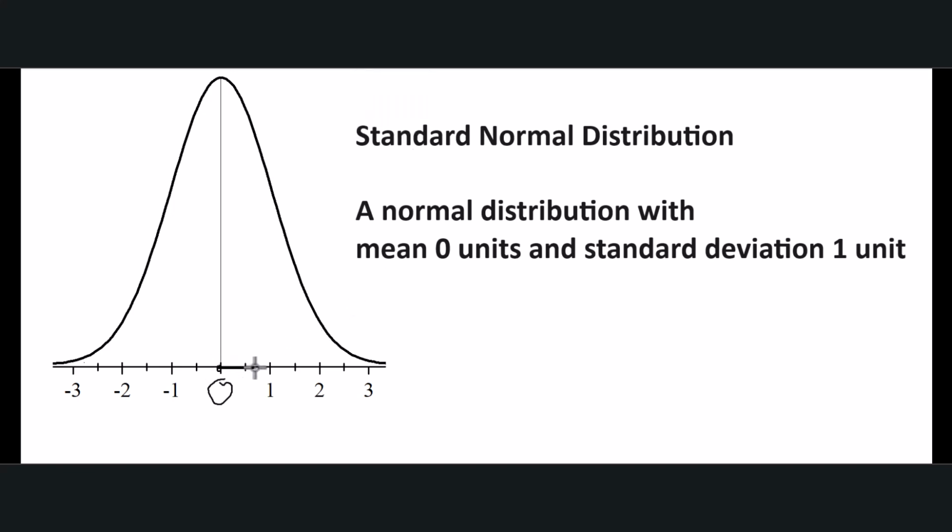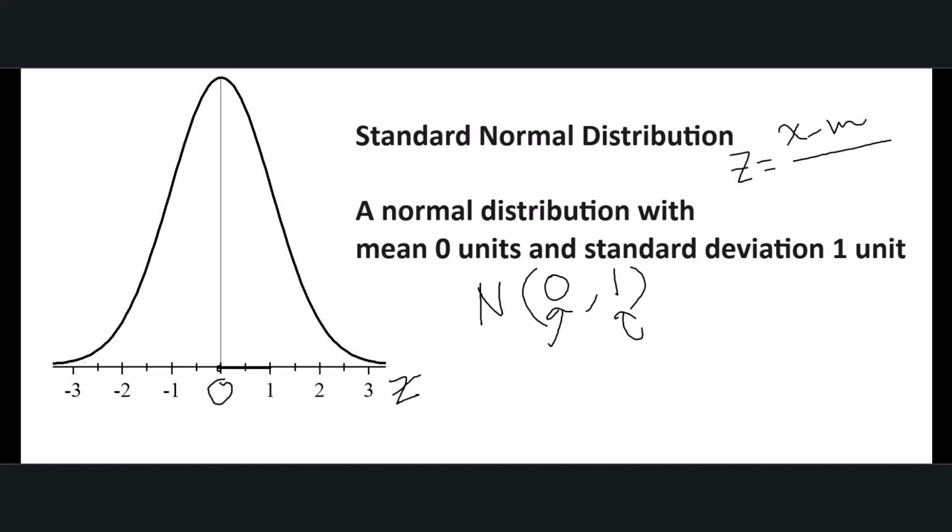So this is a special normal distribution, and again you can write it as: mean is 0, standard deviation is 1, and the notation for the standard normal distribution is z. So we use z. Remember, the way you standardize the values is x minus mean over the standard deviation. So for a normal distribution, z will follow this curve.